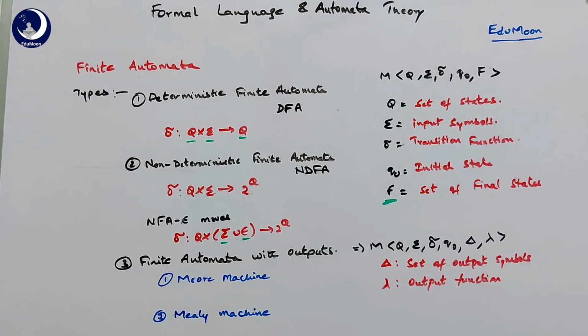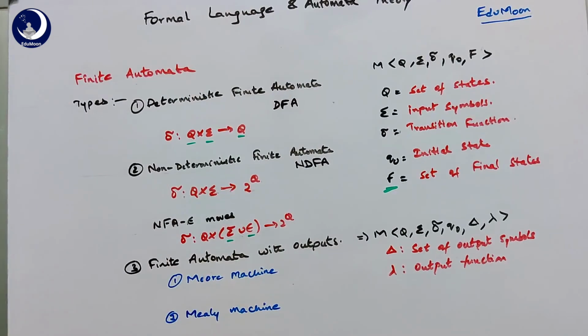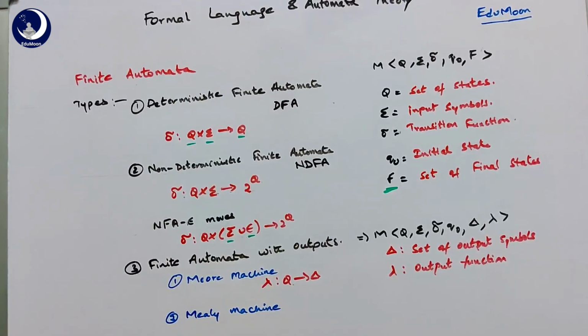The difference between these 2 machines is that in the Moore machine the output depends only on the state. The output function is given as lambda equal to Q goes to delta, so it depends on the state it is moving into through the transition. Coming to the Mealy machine, the output depends on the state as well as the given input.